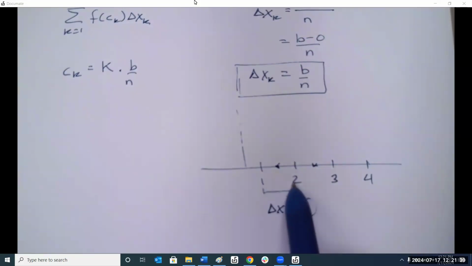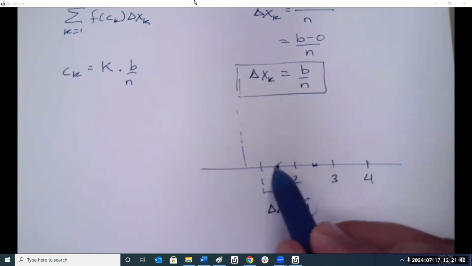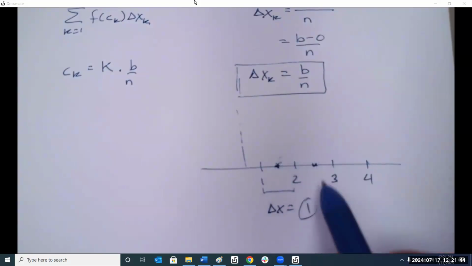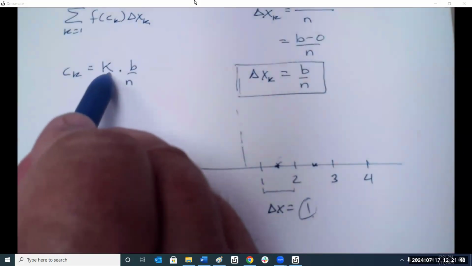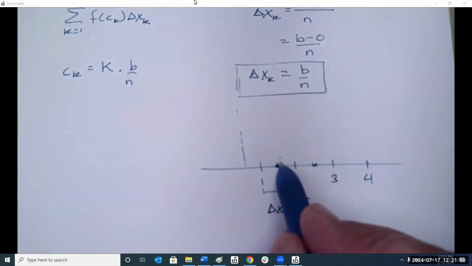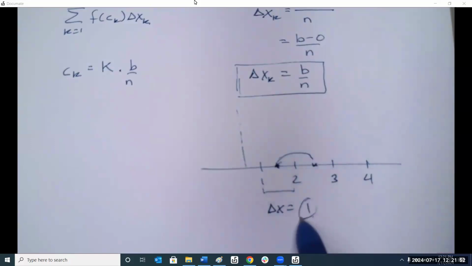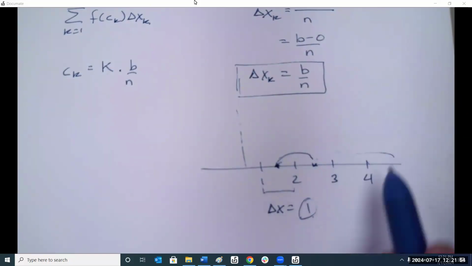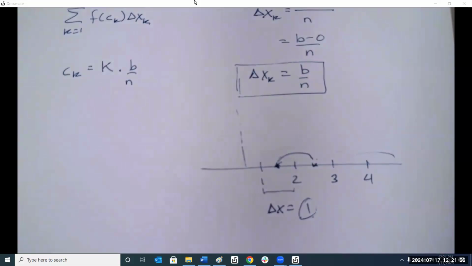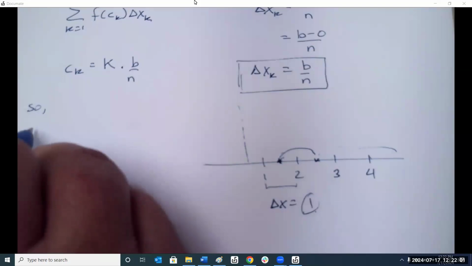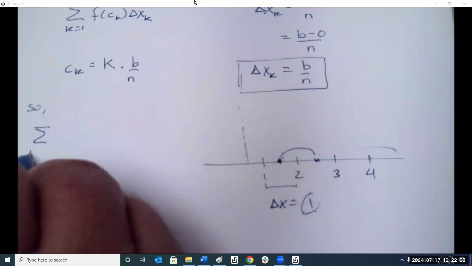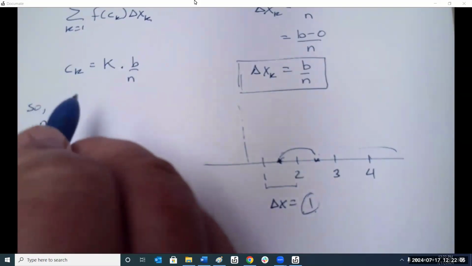Since the intervals are 1 unit wide, the distance between the midpoints is 1 unit. And that's why, whatever k I pick, I go from there to the next one by adding the step size. So we get the sum from k equals 1 to n.